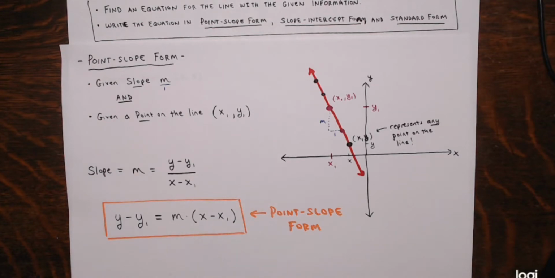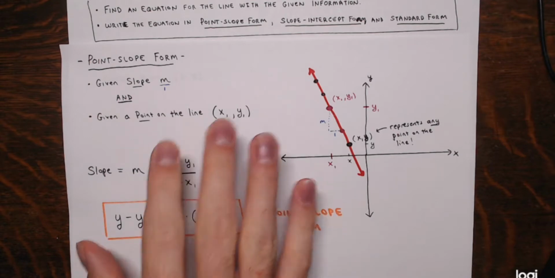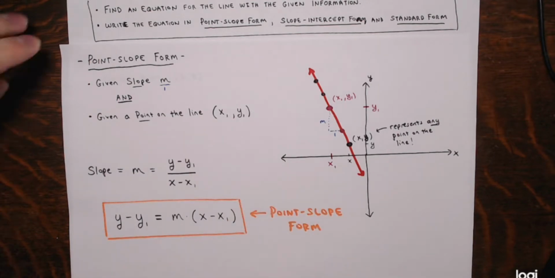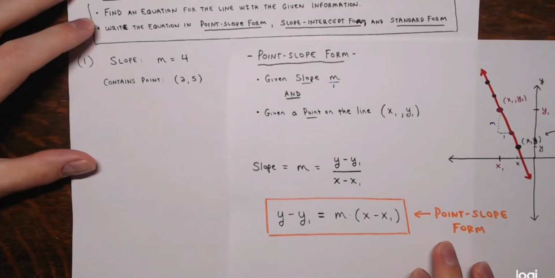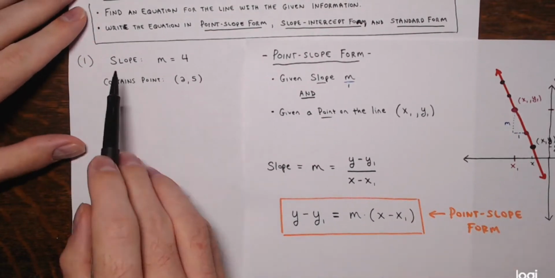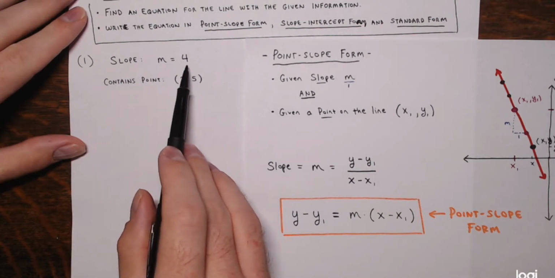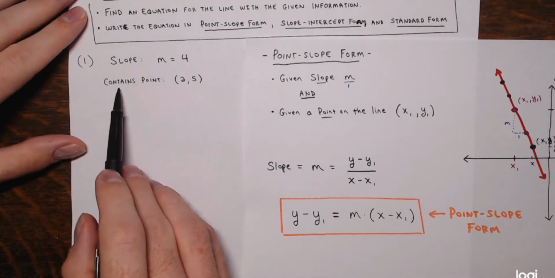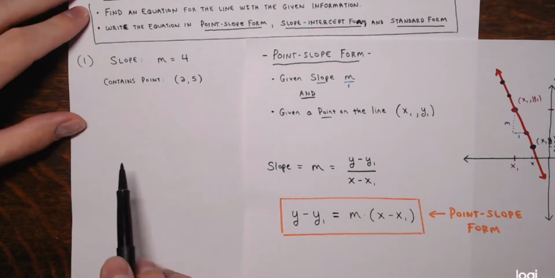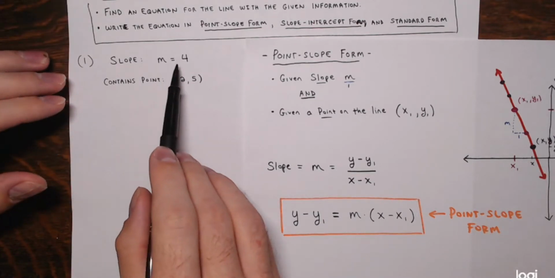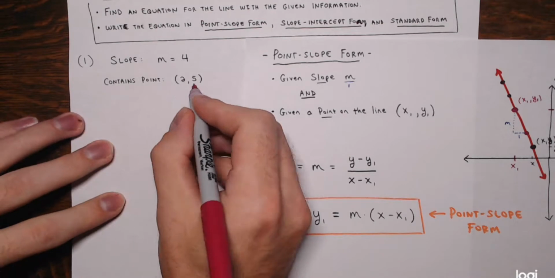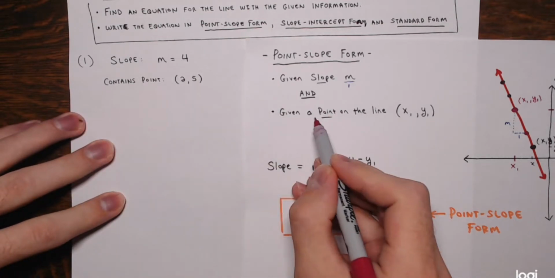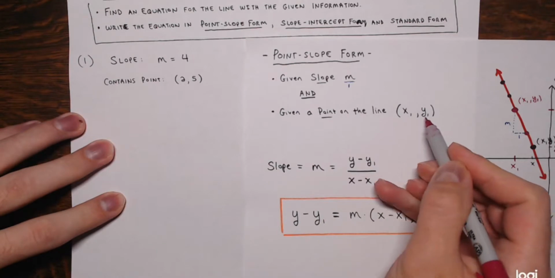Wonderful. All right, so an example of this, let's go back to example 1 here, where we're given the slope of this line is 4, and we know it contains the point 2, 5. So m is 4. We have the m, the slope, and 2 and 5 are this given point on the line, the x1, y1.